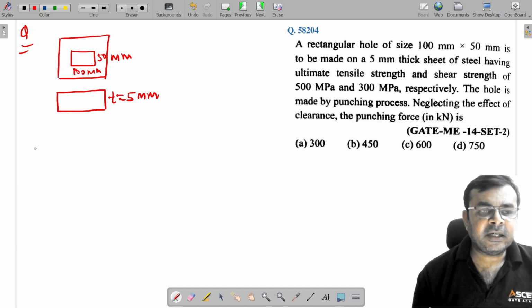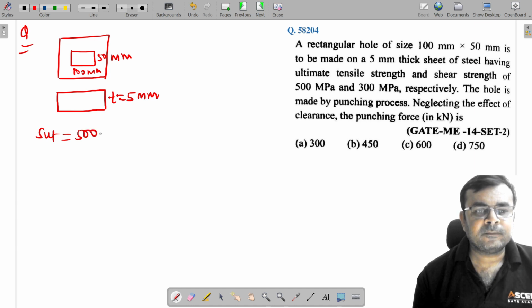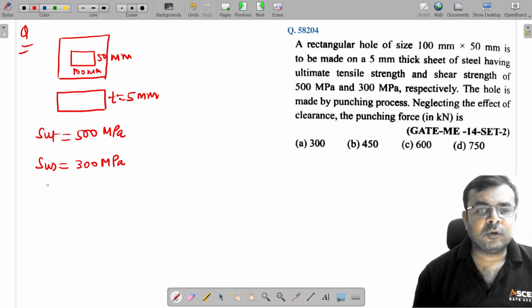The sheet has ultimate tensile strength, that is S_UT, of 500 megapascal. Next, shear strength, that is S_US, is 300 megapascal. The hole is made by the punching process, neglecting the effect of clearance.